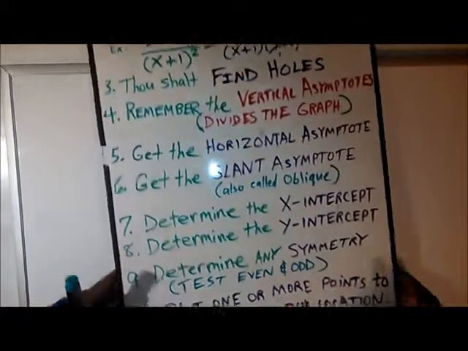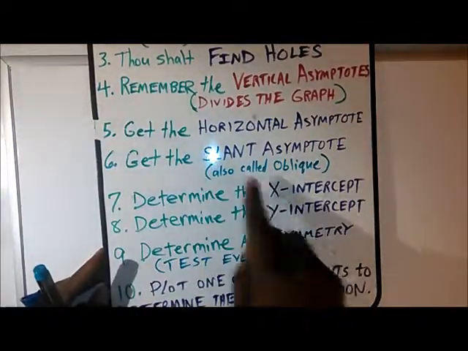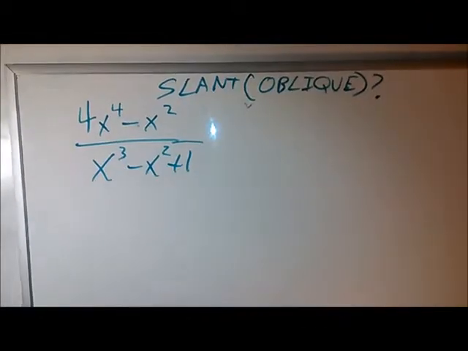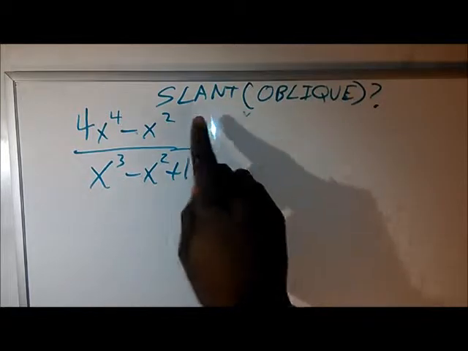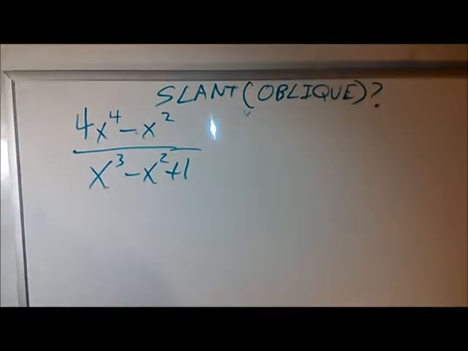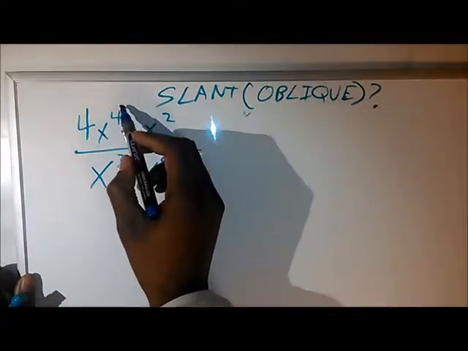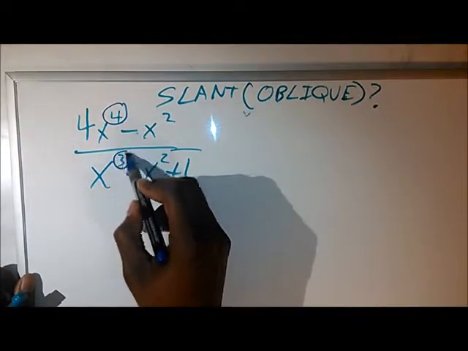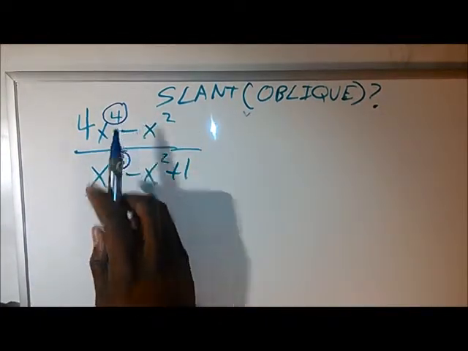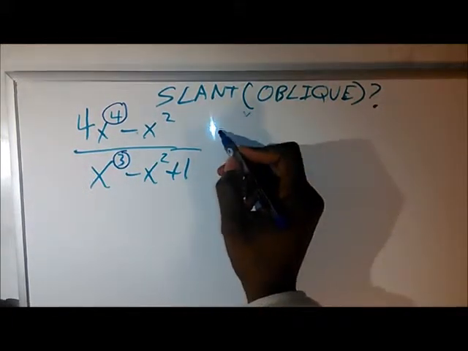So let's do one. We're going to get the slant asymptote, also called oblique asymptote. Is there a slant asymptote? Well, let's look at our powers. We see that the highest power in the numerator is greater than the highest power in the denominator.